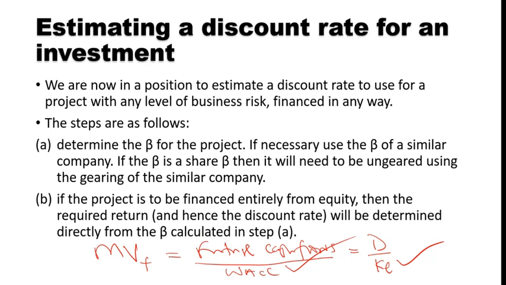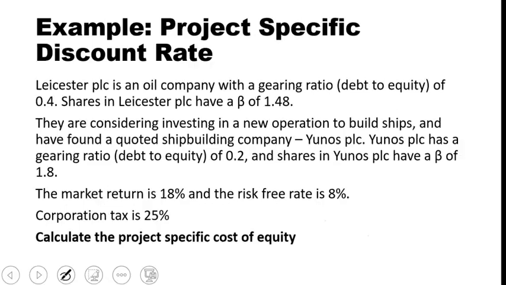So let us then do this particular example and see if we can be happy with the lecture as a whole. Let's have a look at this one. Leicester PLC is an oil company with a gearing ratio debt to equity of 0.4.